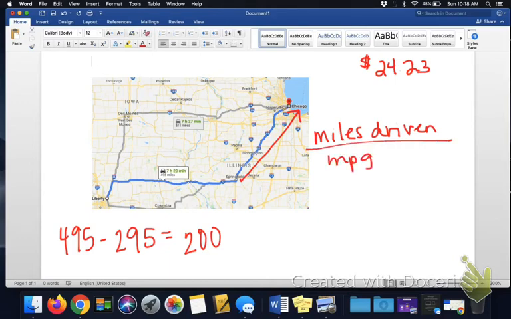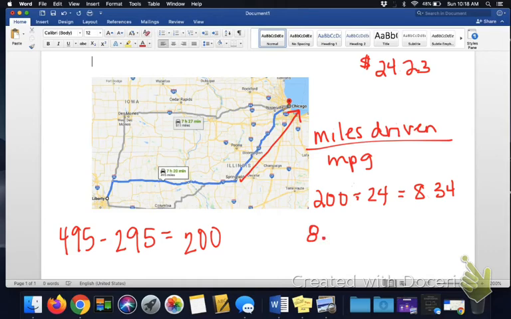So this time I'm going to take 200 divided by 24, and I get 8 3/10. So I need 8 3/10 gallons of gas to fill up when I get into Chicago.